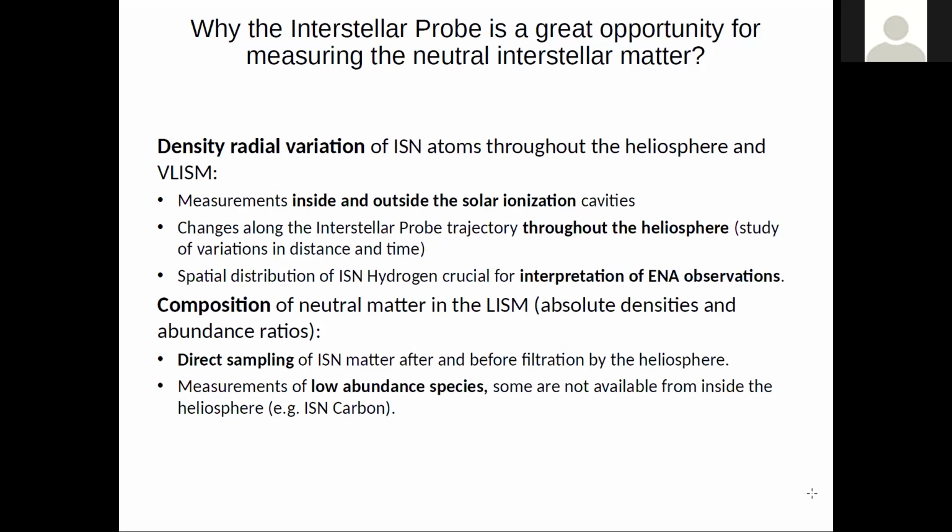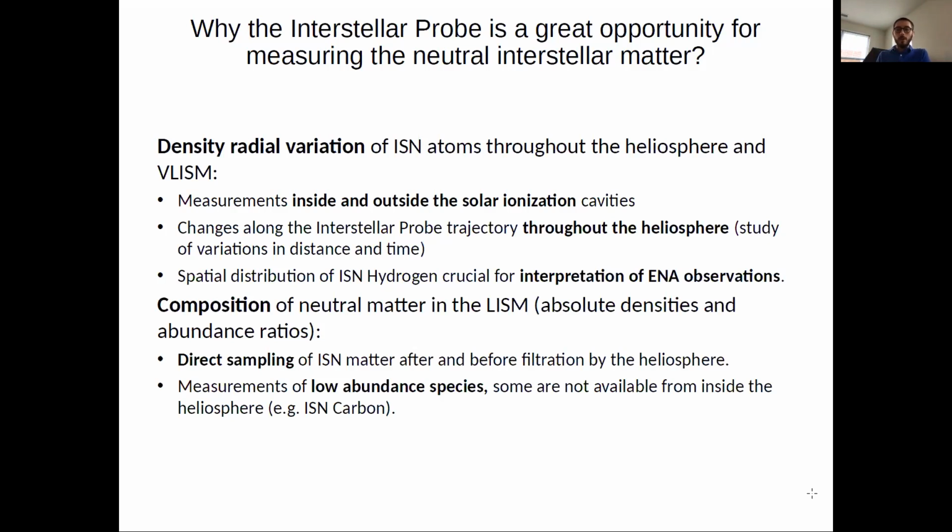Also, as I said, we see these big structures related to the global interaction. We would be able to probe them directly: how they change, and what the fraction of atoms is that can go inside the heliosphere.